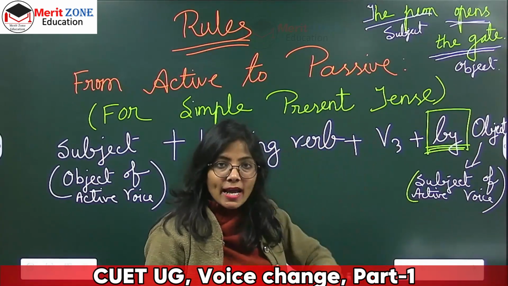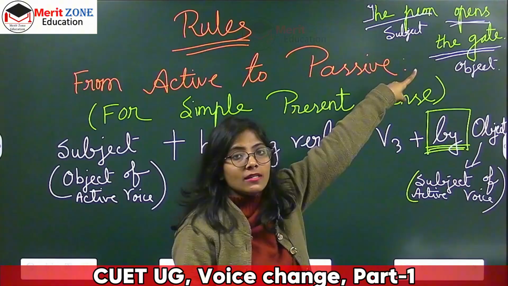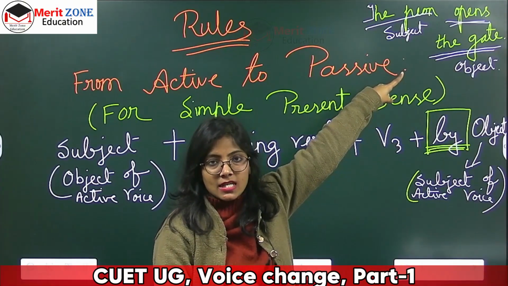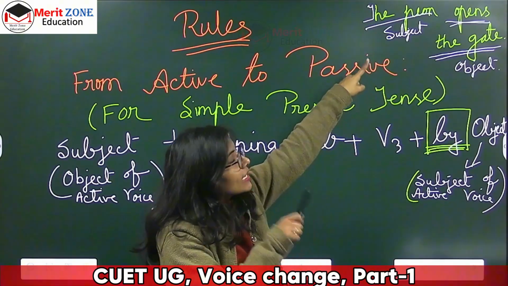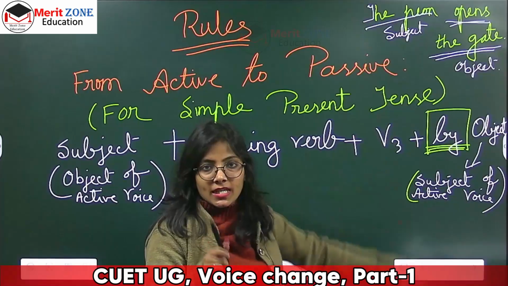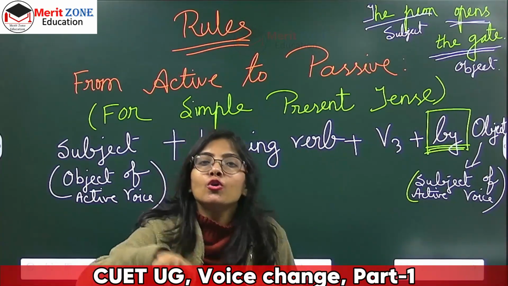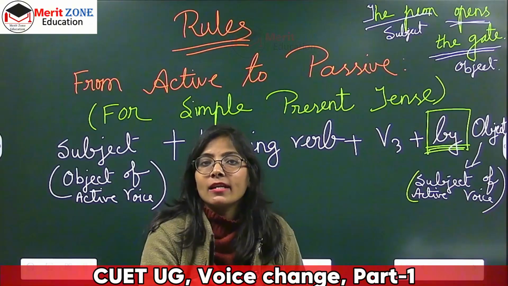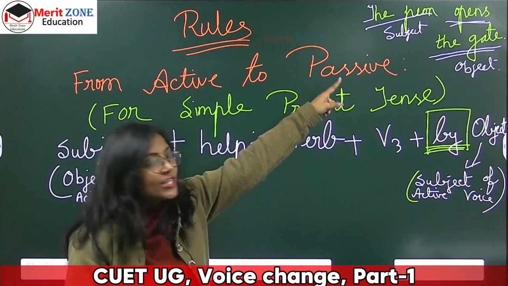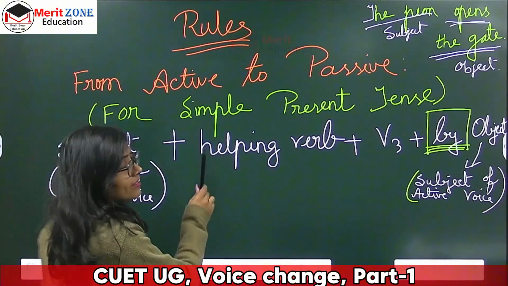Now this sentence is in simple present tense and in active voice. Why active voice? Because the peon, the subject, is doing the work himself. He is not taking anybody's help. Now I'll change it to passive voice using this particular rule.